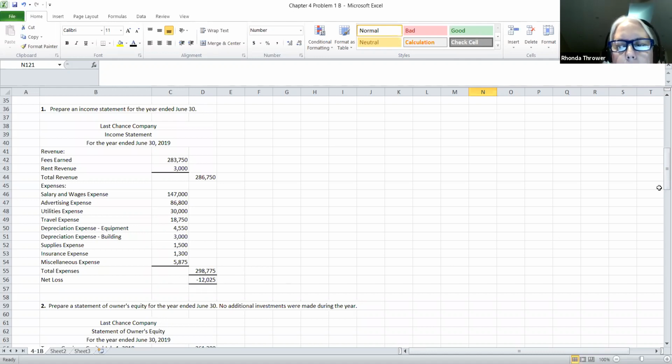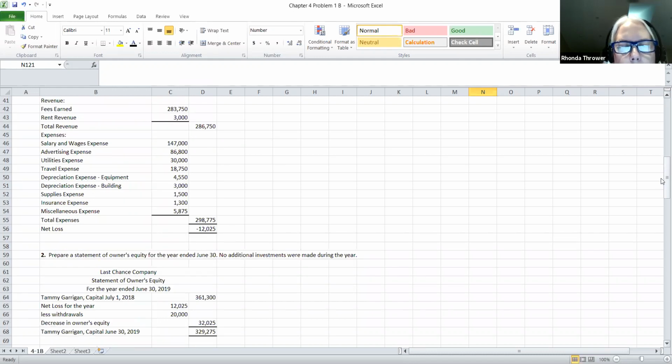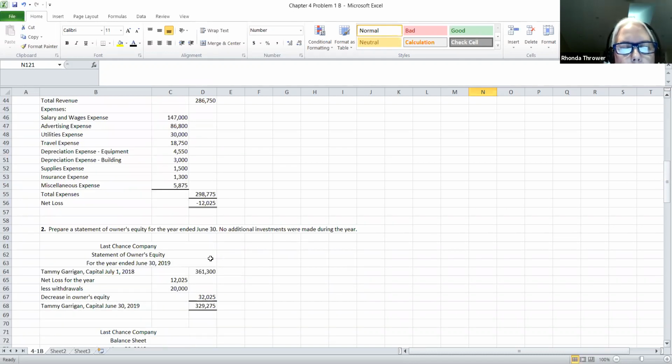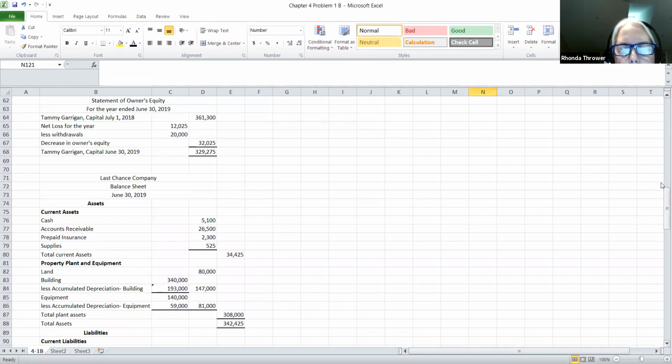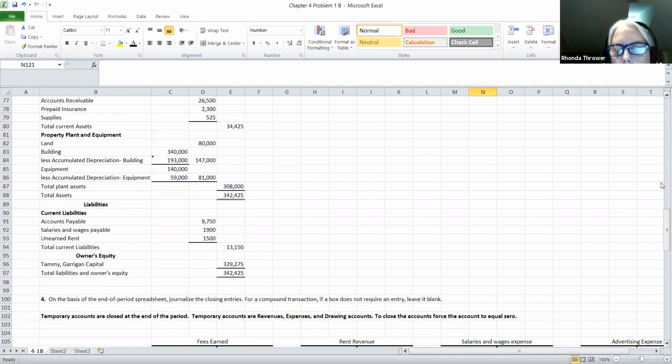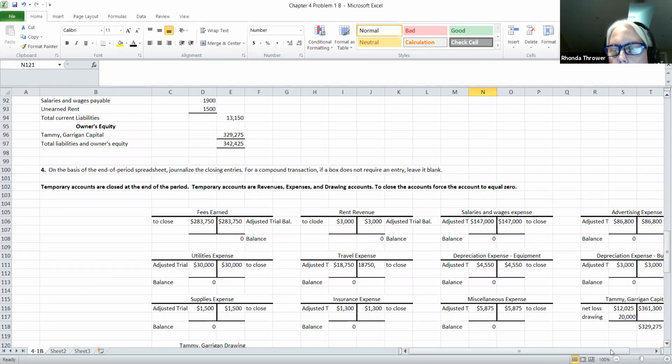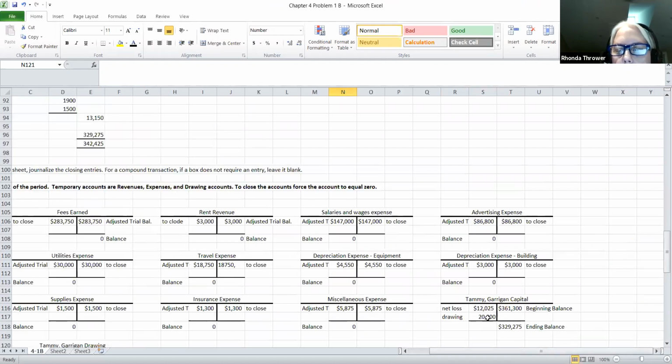And you remember when we said that net losses will decrease our owner's equity. We've said it a couple of times. We said it here in the statement of owner's equity. Well, you've got to show that in your capital account. So this net loss is decreasing the capital account. The capital account had a beginning credit balance of $361,300. This beginning balance is what we had in our ledger account.